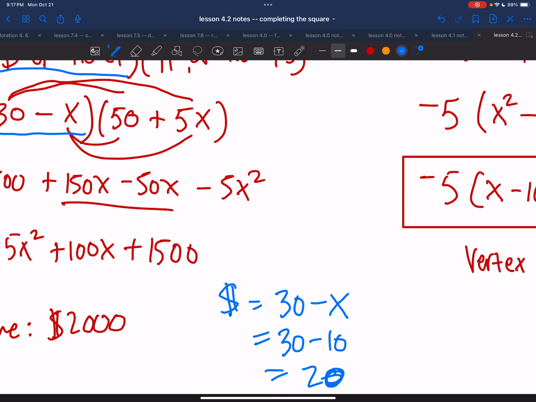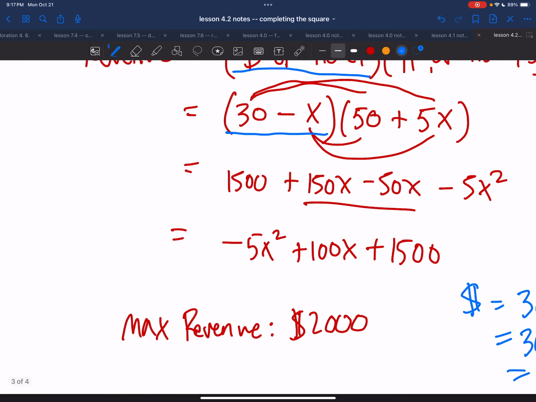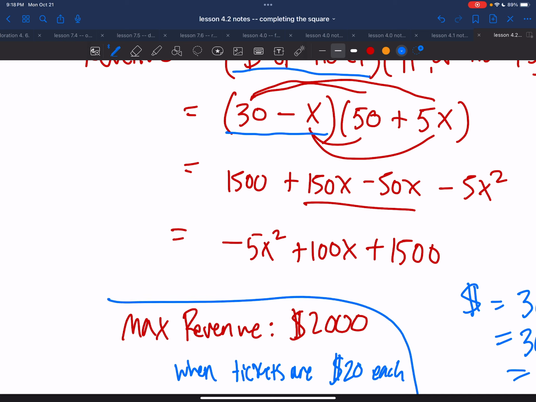Okay? So, Gary, your max revenue will happen at $2,000 when tickets are $20 each. Boom. And so now you can tell Gary that's how he maximizes revenue.